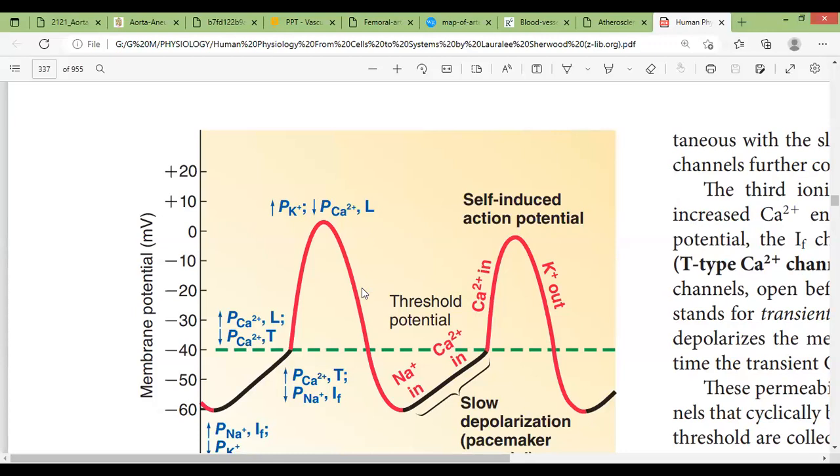So assuming the depolarization has come from the sinoatrial node, what are the events that we're expecting to occur after depolarization? What contracts first? What contracts second?